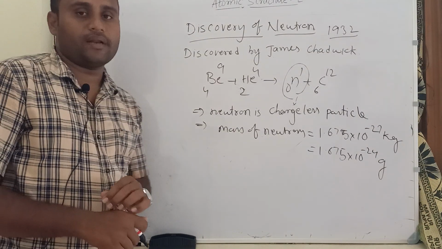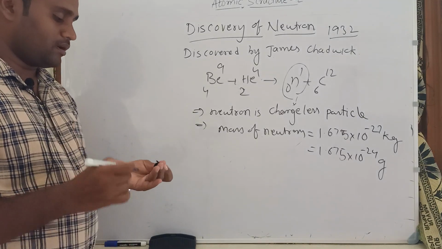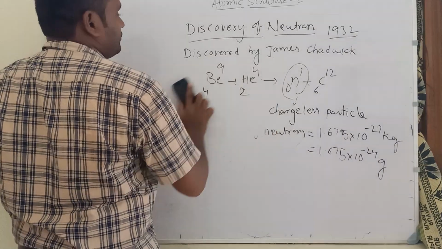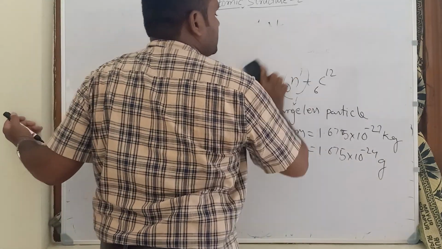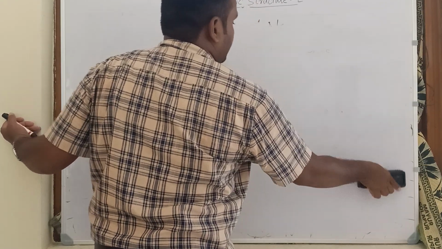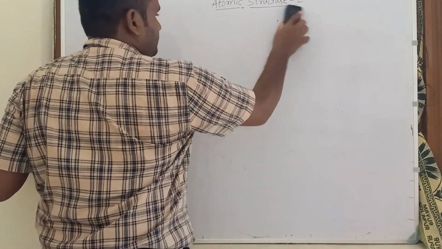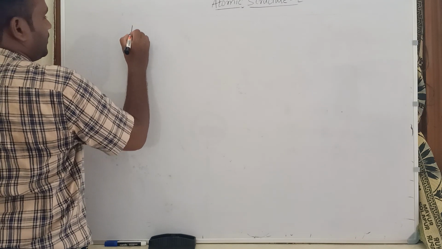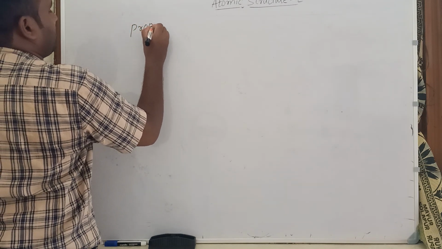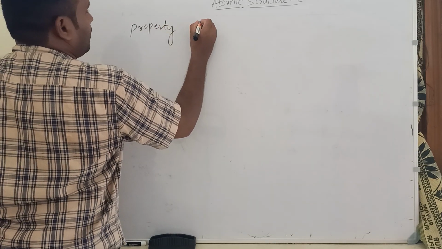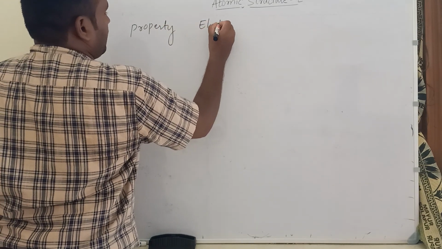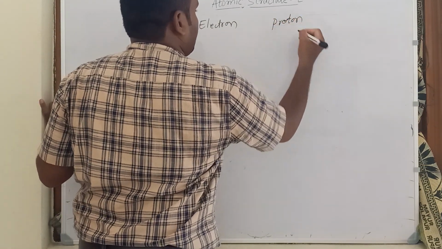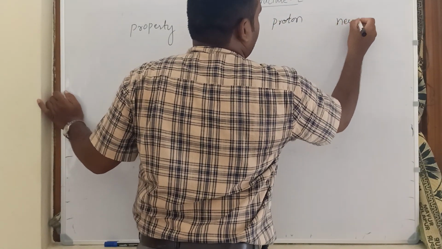Now let us summarize the properties of the electron, proton, and neutron. These are subatomic particles. Summary of subatomic particles, that is, properties: electron, proton, and neutron.